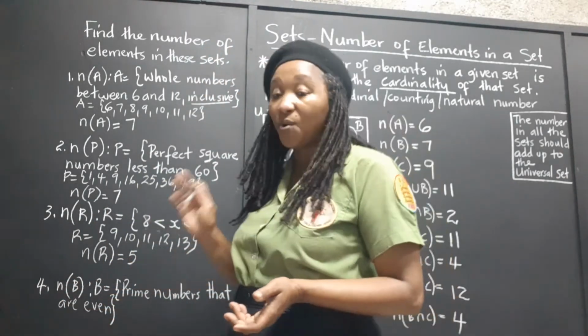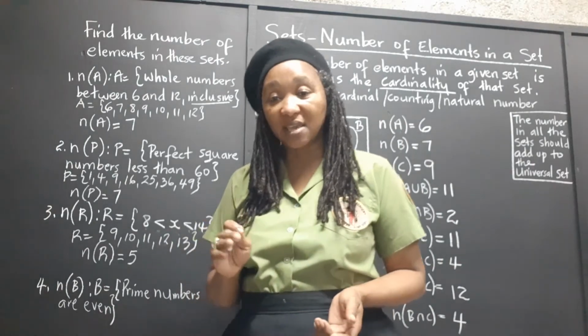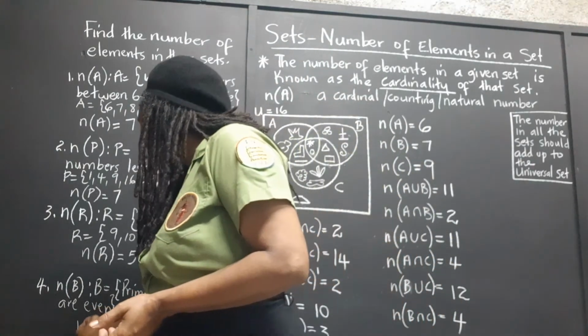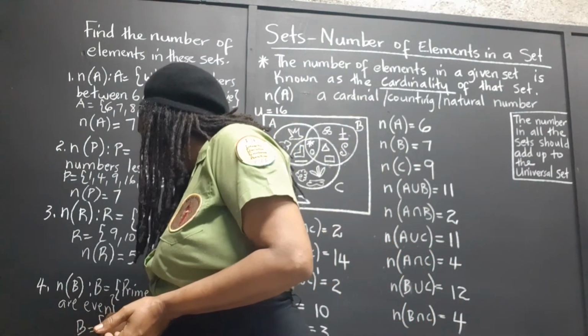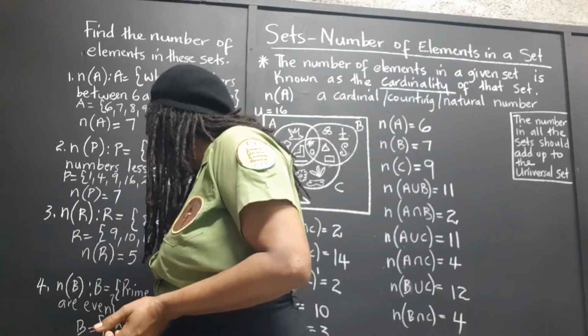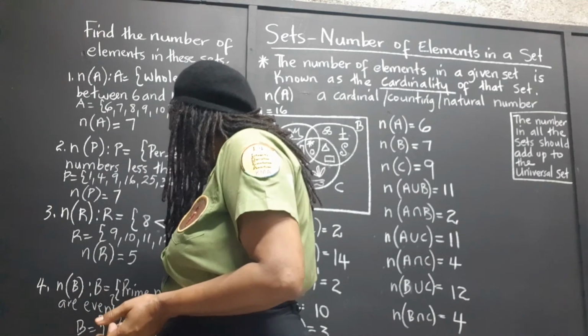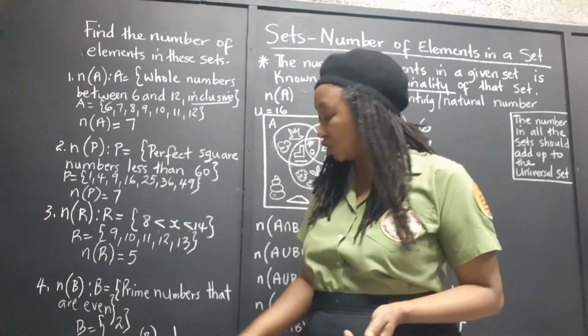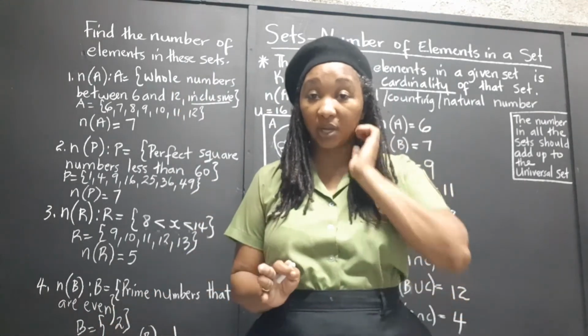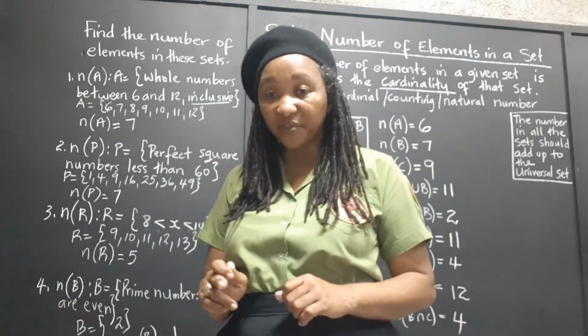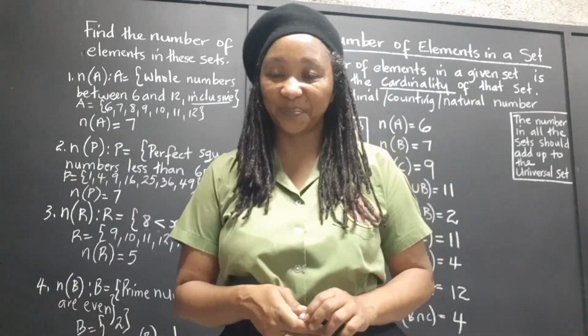So 2 is the only prime number that's an even number. So set B only has 2 in it. So the number of elements in B then will be 1. Just the number 2, just one number. There's just one even number that is prime.